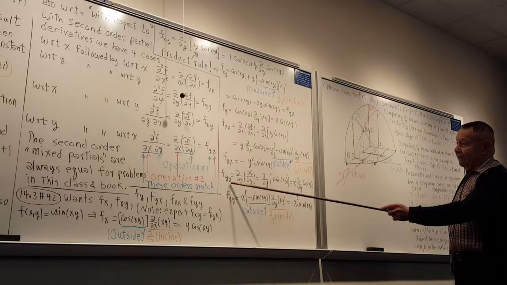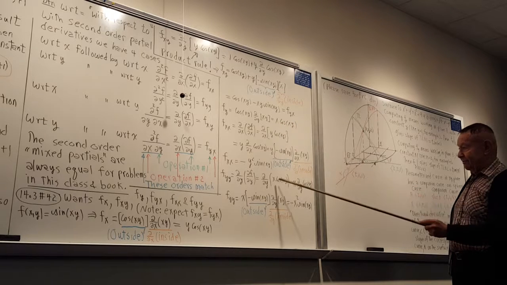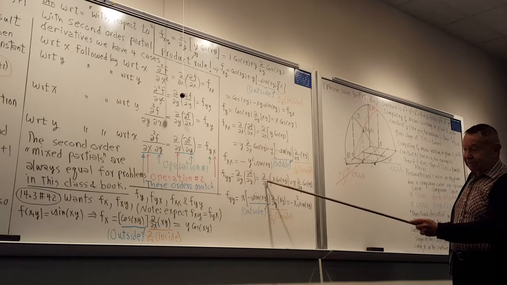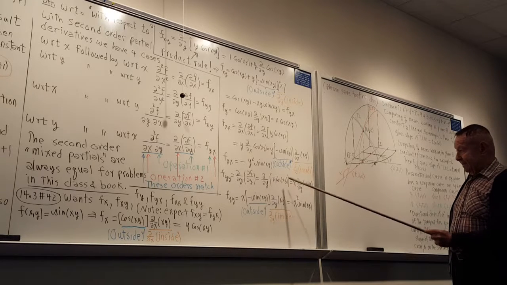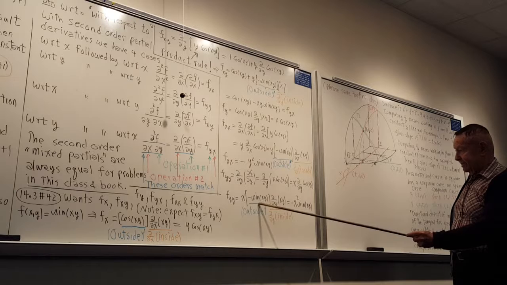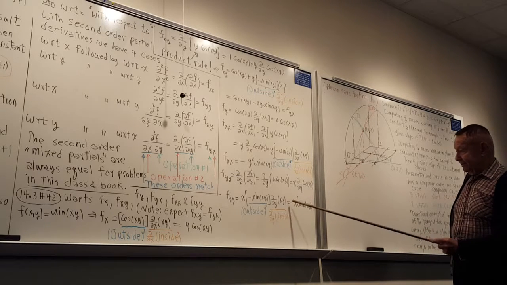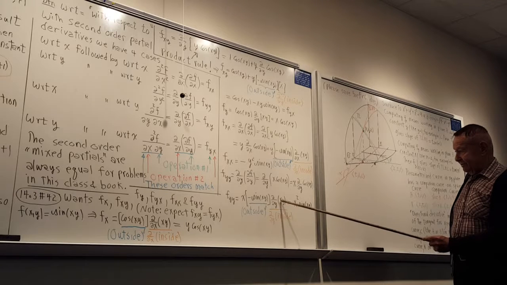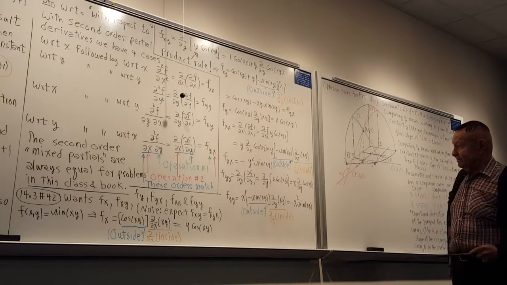And then finally from the f sub y, which is x cosine xy, I want its partial. So the x goes to the left because it's a different letter. And then the partial of cosine is minus the sine times the partial of the angle, which gets me an x, and so I have minus x squared sine xy.